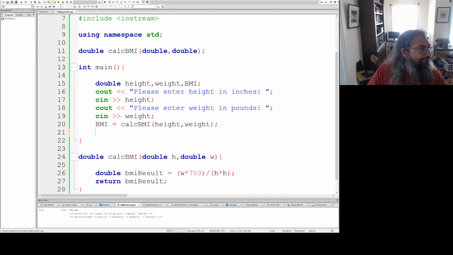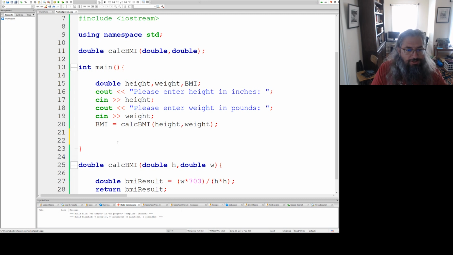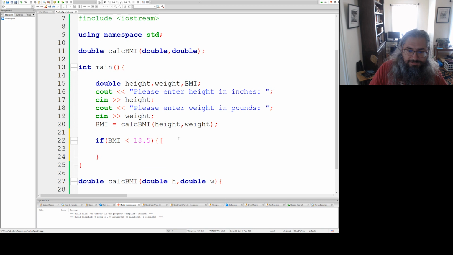Okay, so next thing we want to do is ask questions. So let's just get the first case working and make sure that it works the way that we want. So I'm going to say if BMI is less than 18.5, well, let's print out your BMI is... oh wait, I should actually do that beforehand, because every time I'm going to print out your BMI, right?